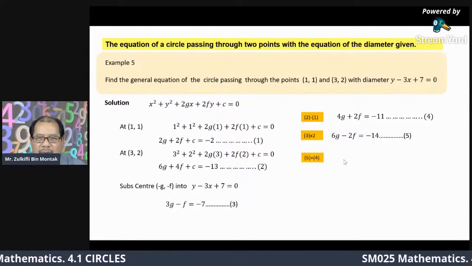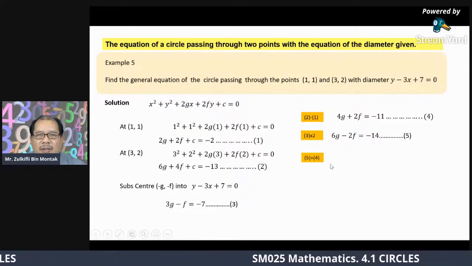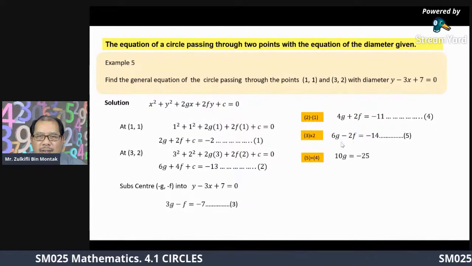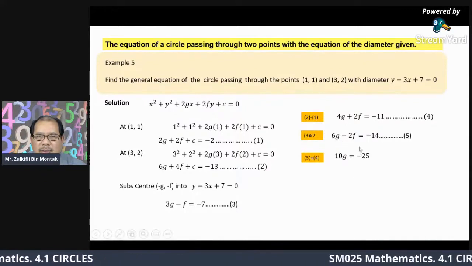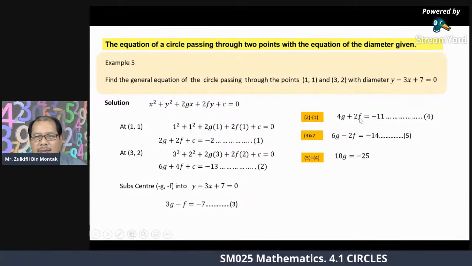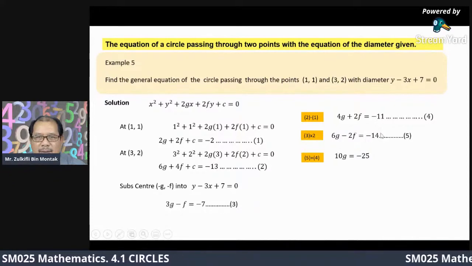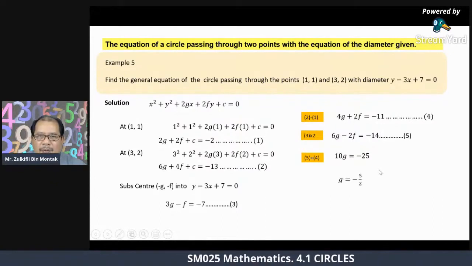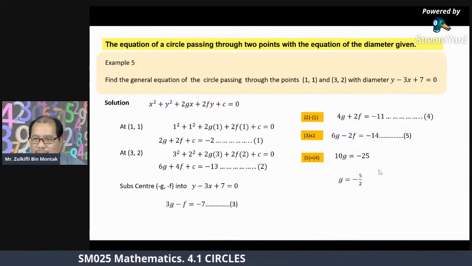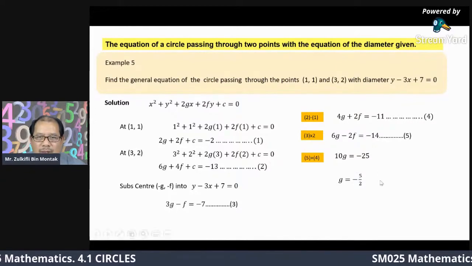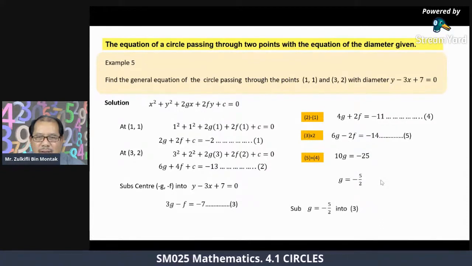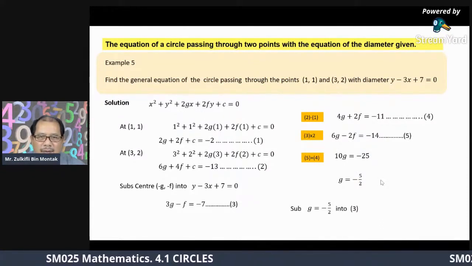I sum equation number 5 and equation number 4. 6G plus 4G, I get 10G, and the 2F minus 2F cancels. Then -11 plus -14 gives -25, so G equals -5 over 2.